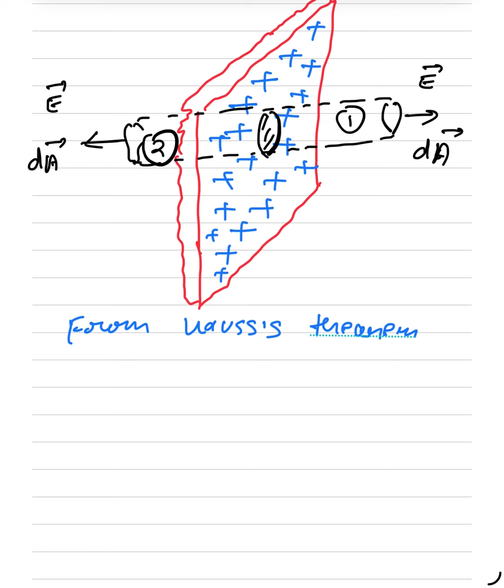electric flux passing through the charged sheet, electric flux phi E equals the total electric flux from the left side and from the right side.